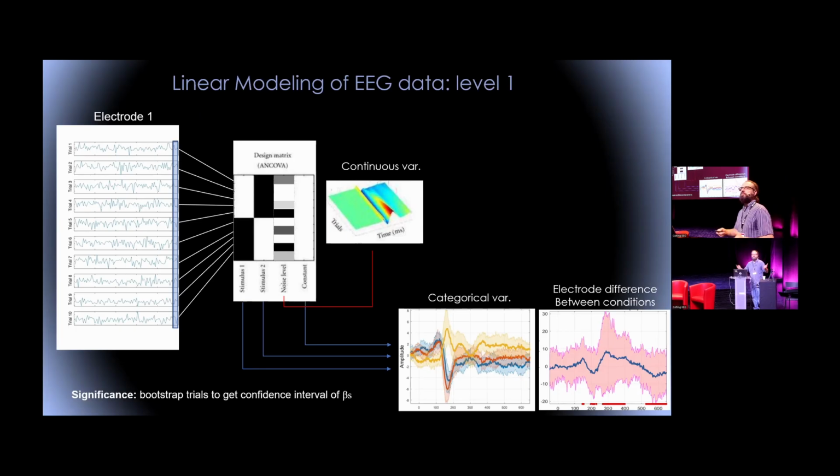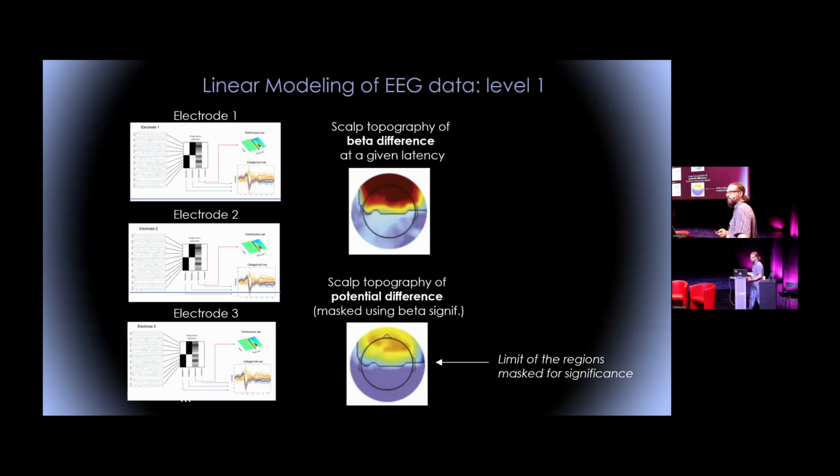It's a shift in thinking to compute the statistics on the beta. But often what we do is, you can do that for one electrode, you can do that for all the electrodes, again, independently. You do that independently at every single time point, every single electrode, and you can get your scalp topography. You can use cluster methods to find the regions of significance, and you can show the scalp topography of the beta difference, for example, between condition 1 and condition 2.